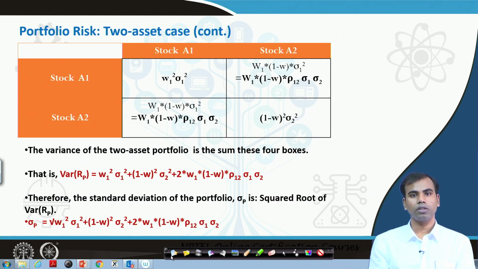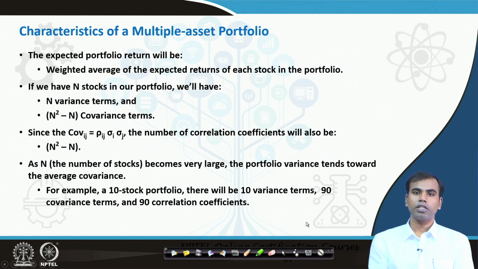Before we wind up the technical tools for calculating portfolio risk and return, we should highlight that the expected return on the portfolio is basically the weighted average rate of return of individual assets. If we try to calculate the risk of a portfolio of n assets, we will have n variance terms and n square minus n covariance terms.